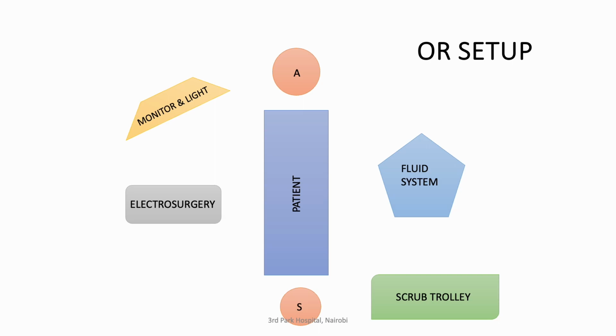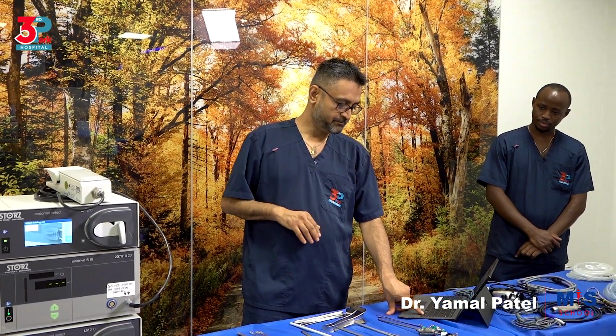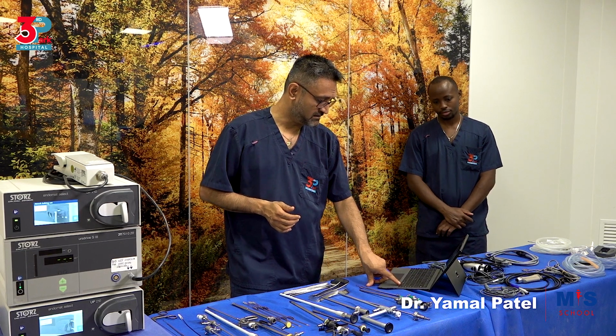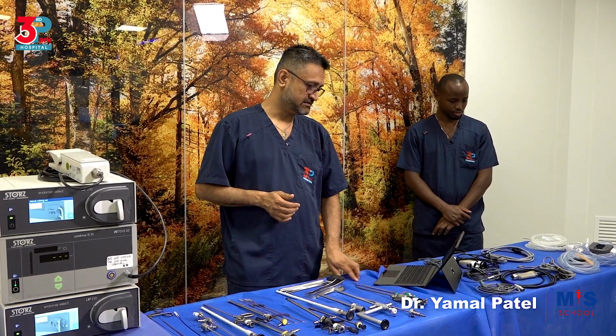We have the fluid management system on one side, and if possible all on one rack. We have the electrosurgery if needed for operative procedures. We have the monitor and the light, and we have a scrub trolley with all the equipment and all the instruments on it. So that is the setup. This is the picture of the setup that we would expect of the hysteroscopy theater.